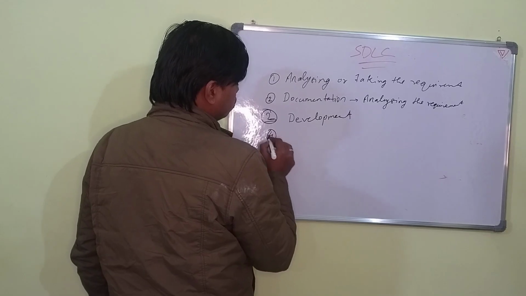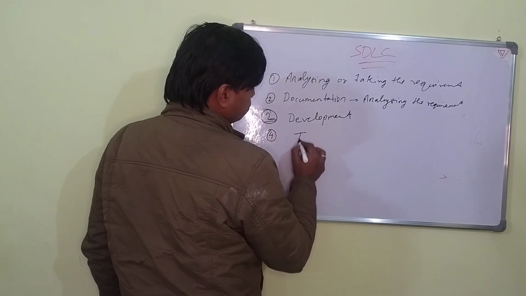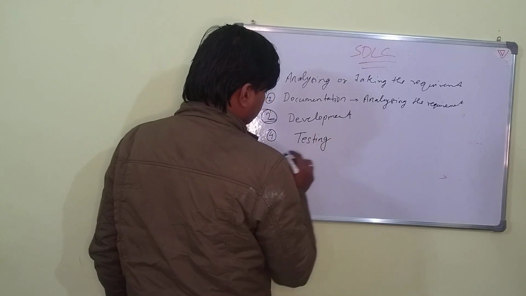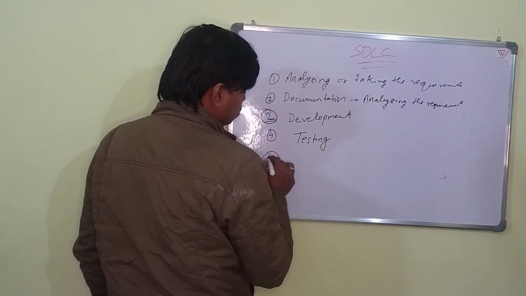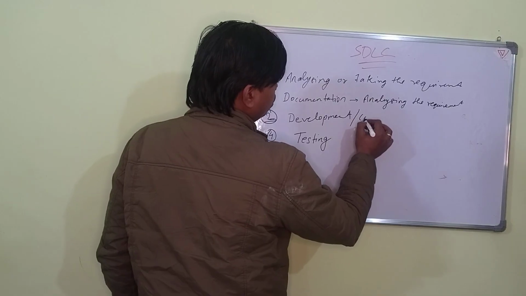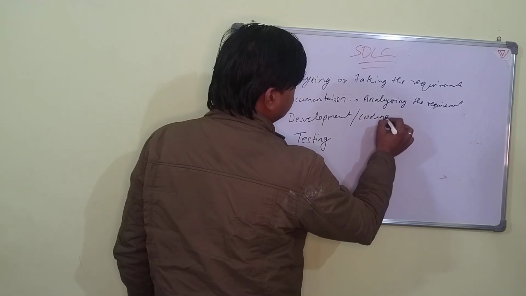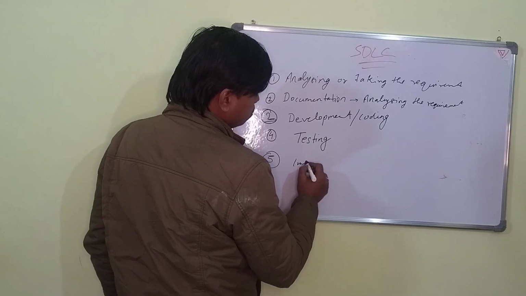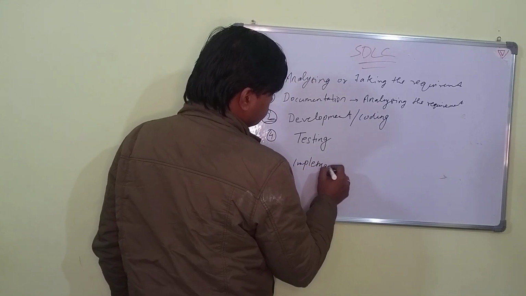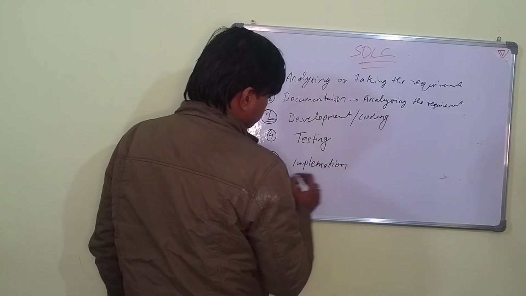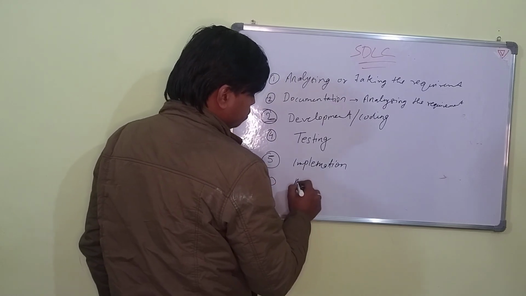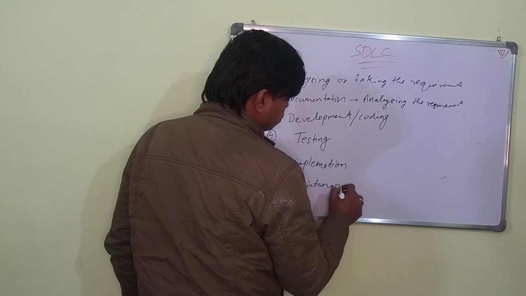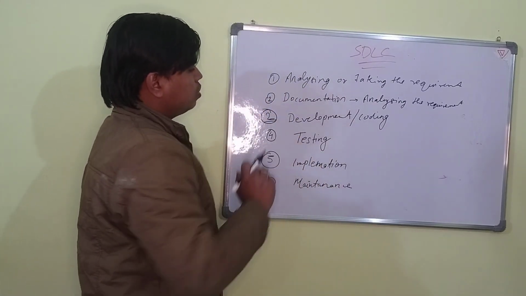Fourth is testing. Fifth is development slash coding. Fifth is implementation. And sixth is maintenance. So these are the six steps.